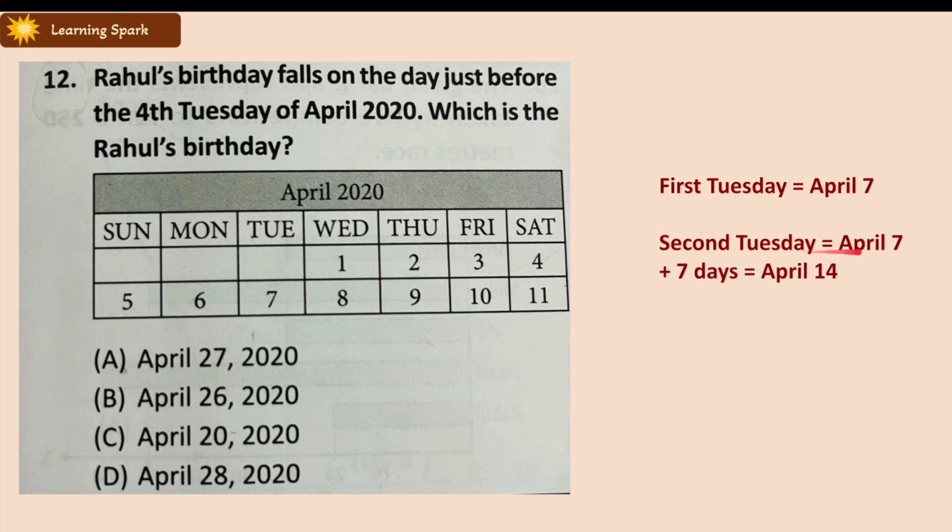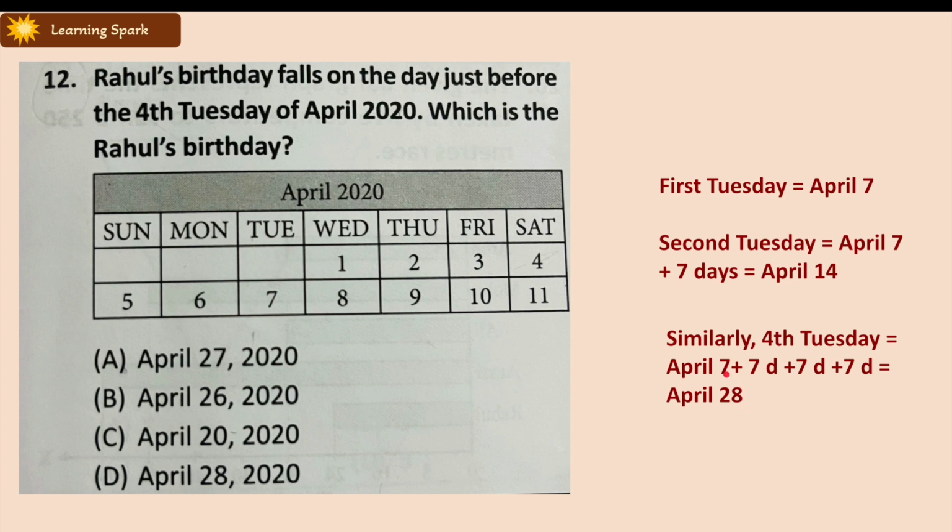So the second Tuesday will be 7 days after that, because 7 days is 1 week. So it will be April 14th, 7 plus 7 equal to 14. Similarly, the fourth Tuesday will be April 7th plus 7 thrice, so it will be April 28th.